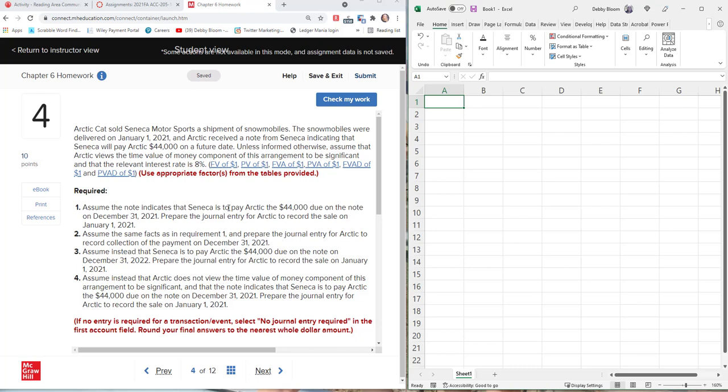So in requirement number 1, assume that the note indicates that Seneca is to pay Arctic the $44,000 due on the note on December 31st, 2021. Prepare the journal entry for Arctic to record the sale on January 1st, 2021.